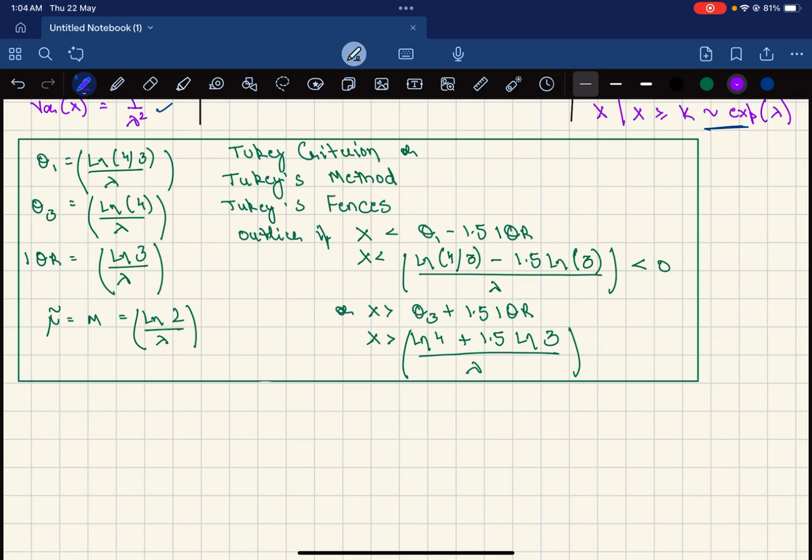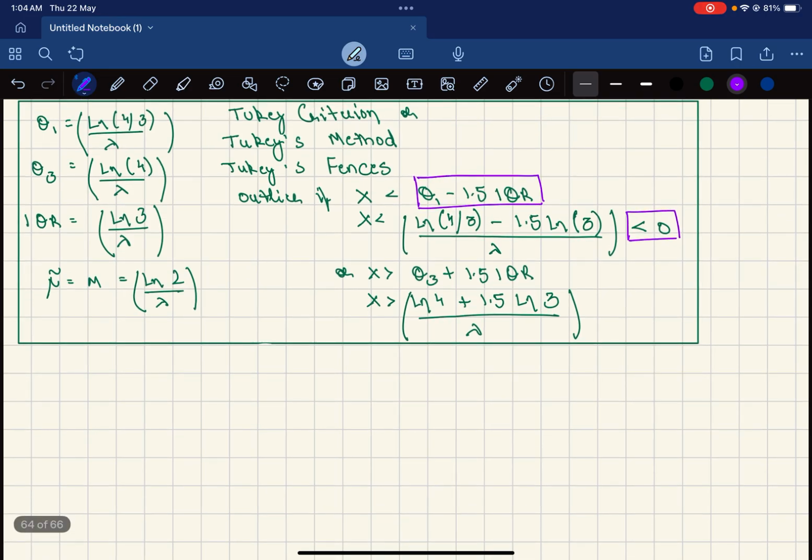Now, one thing to note here is when we calculate q1 minus 1.5 into IQR, we notice that this value is actually less than 0. But since we know that exponential distribution is defined for x greater than 0, there would be no outlier on the left side of the distribution.